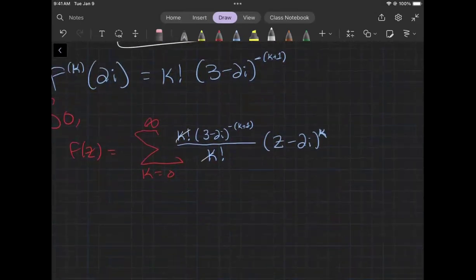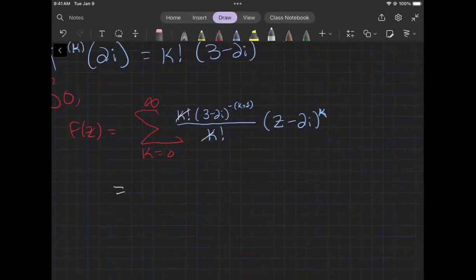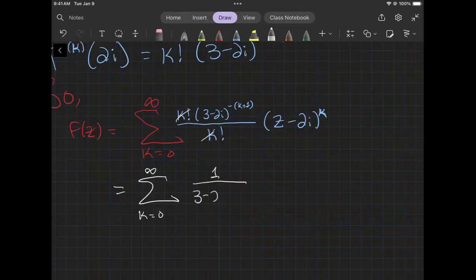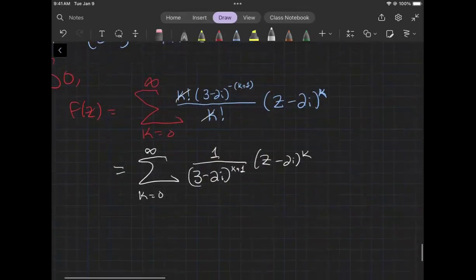So the k factorials will cancel, and we'll get the sum from k equals 0 to infinity of 1 over 3 minus 2i to the k plus 1 power times z minus 2i to the k power.